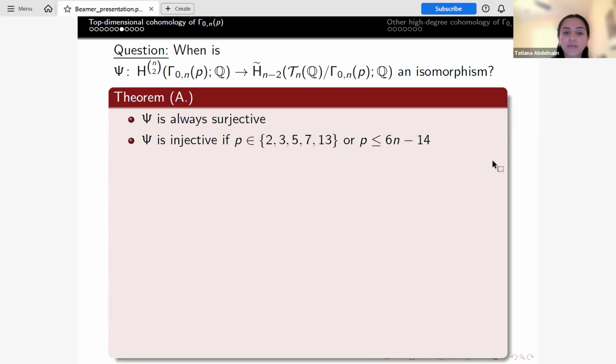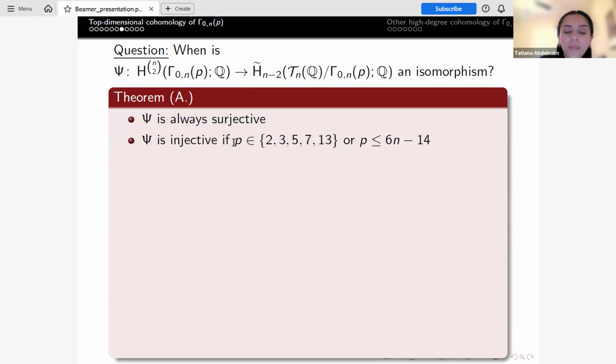It is injective if p is in this list of prime numbers, or p is bounded by 6n minus 14. Now, if you look at this bound, there is an overlap between this list and this bound. Because, for example, if you take n equals 3, then you will recover the primes 2, 3.